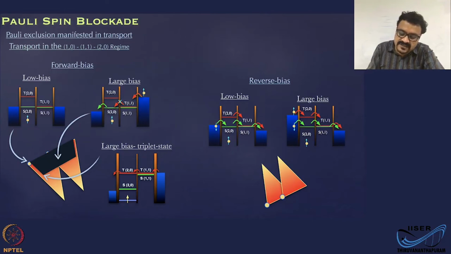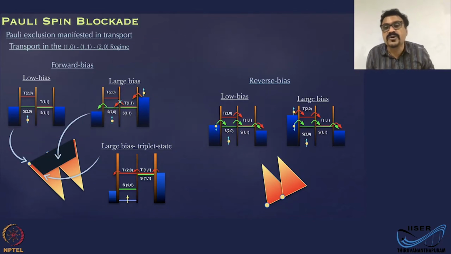And when you increase the bias, the spin down electron can go to this S20 channel, and the spin up electron can go to the T20 channel. So you have both spin up and spin down electrons participating in the transport. In either case, the transport is not blocked by the second dot, as in the forward bias case, because in the second dot, both T11 and S11 states are very close in energy, and both are always available to receive electrons coming from the left side.